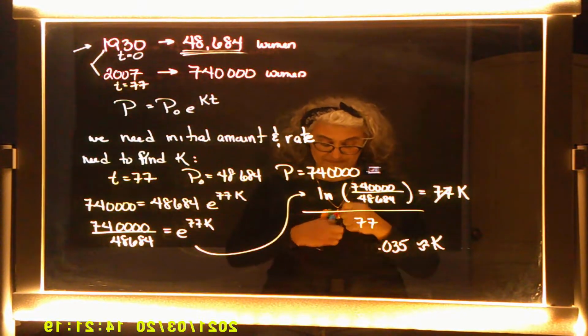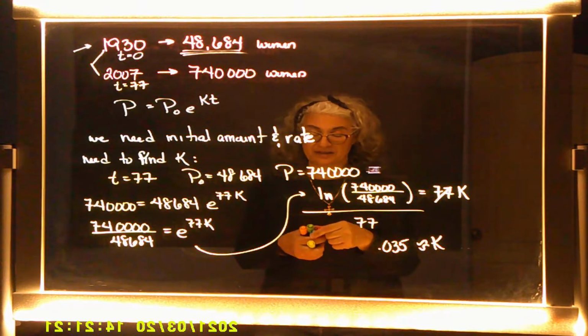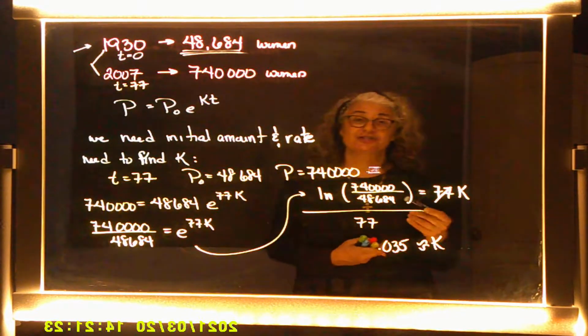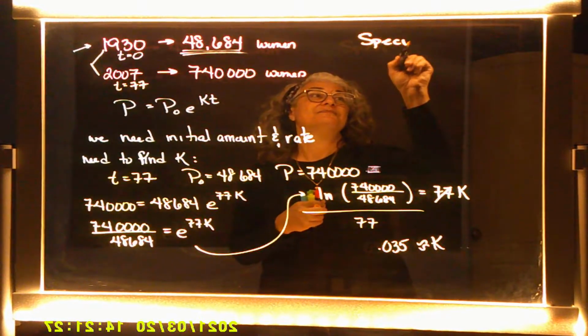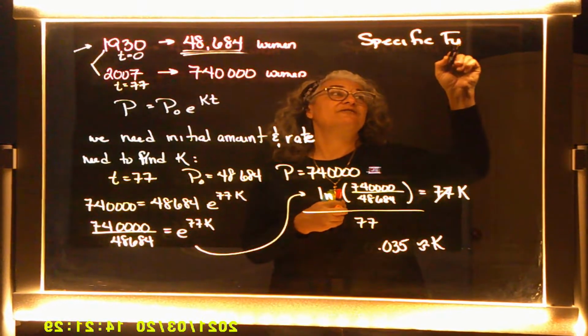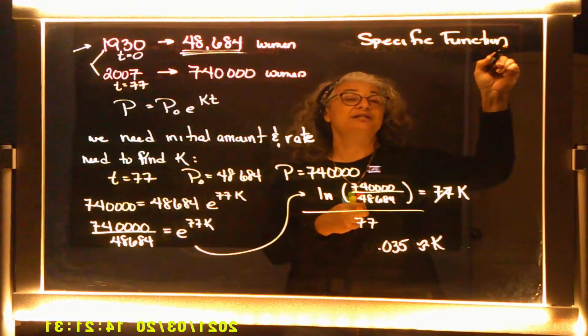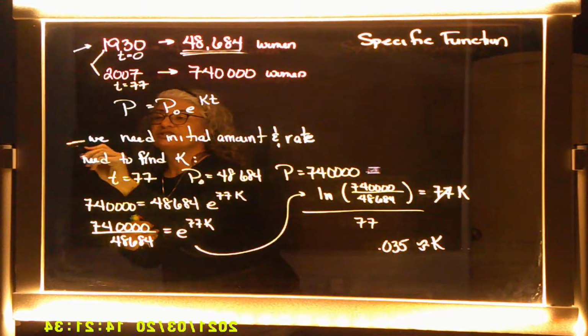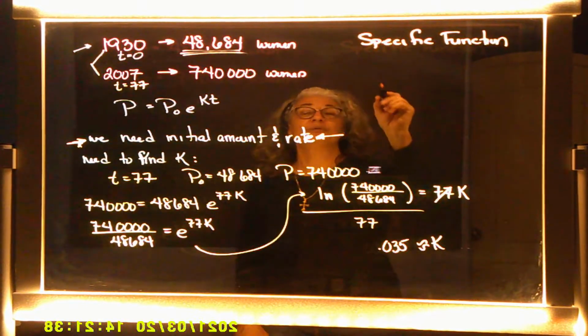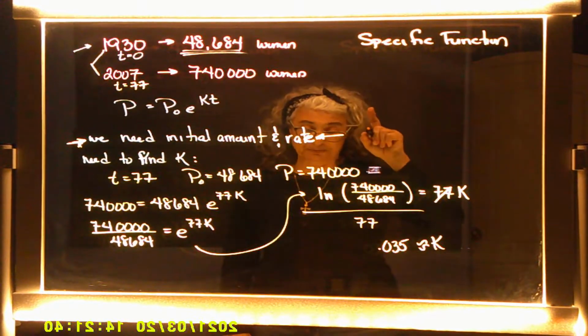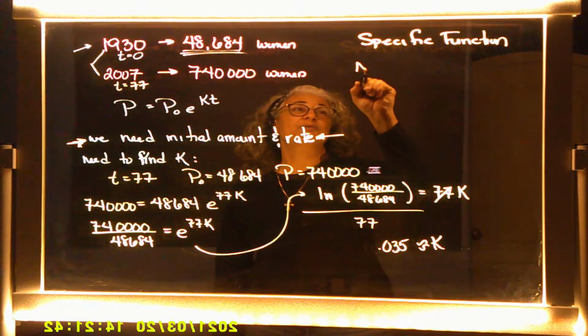Yay! All right. So that means our specific function. Remember, to write the specific function, what pieces of information do we need? We need the initial amount and we need the rate. Well, we've got the initial amount. So they use the variable n here.